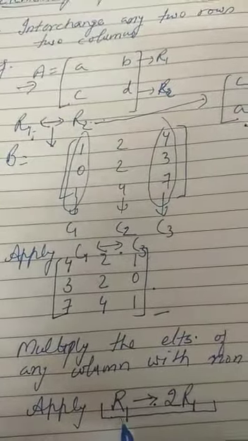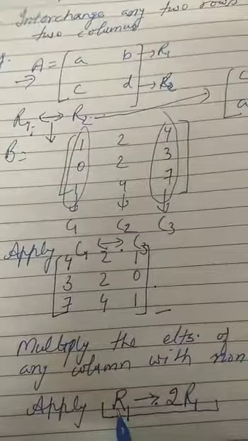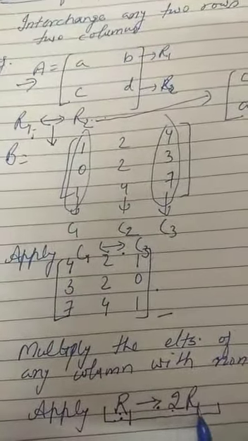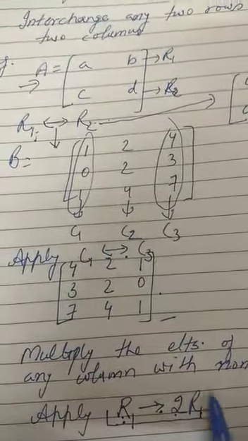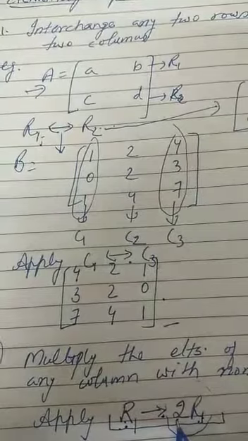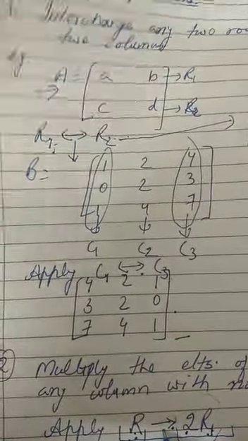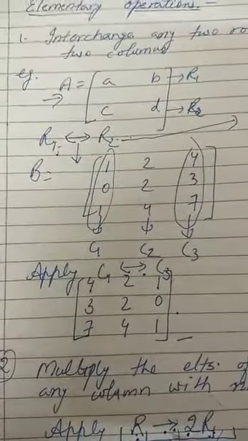That means I am going to make the change in the first row. So that thing will be written first, R1 arrow. What is the change? Twice of R1. Right? So this is the new thing that we are going to do, that the elements of R1 we are multiplying by 2. Remember, in place of arrow you cannot use the sign of equality, it will be considered wrong.